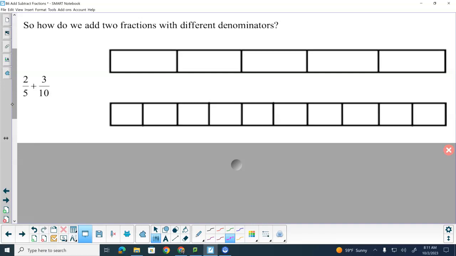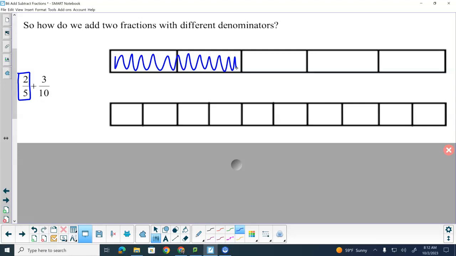Okay? What happens here when we've got different denominators? Now they all don't have tens. Okay? So the top bar is divided into 5s. So we would have 2/5, that would be that much, right?